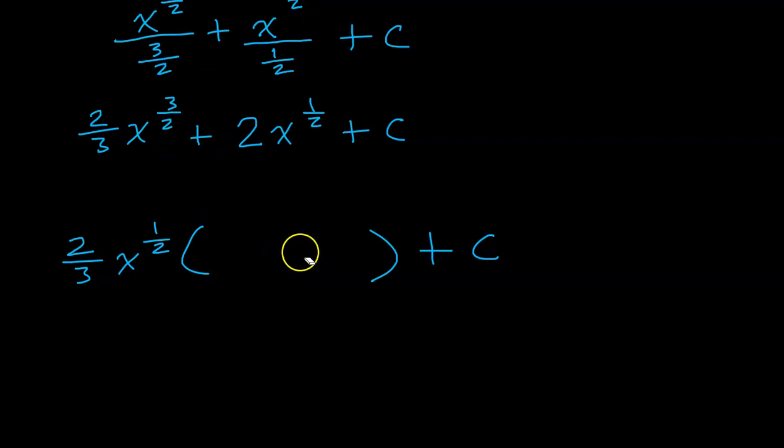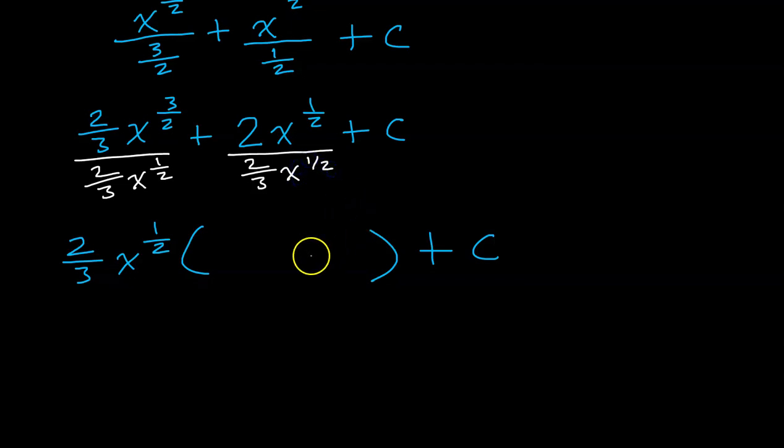So to figure out what goes inside the parentheses, I need to divide both terms by this GCF that I've pulled out. So I'm going to take this and I'm going to divide by 2/3 and I'm going to divide by x to the 1/2 power. And I will do the same thing here, dividing by 2/3 and dividing by x to the 1/2 power.